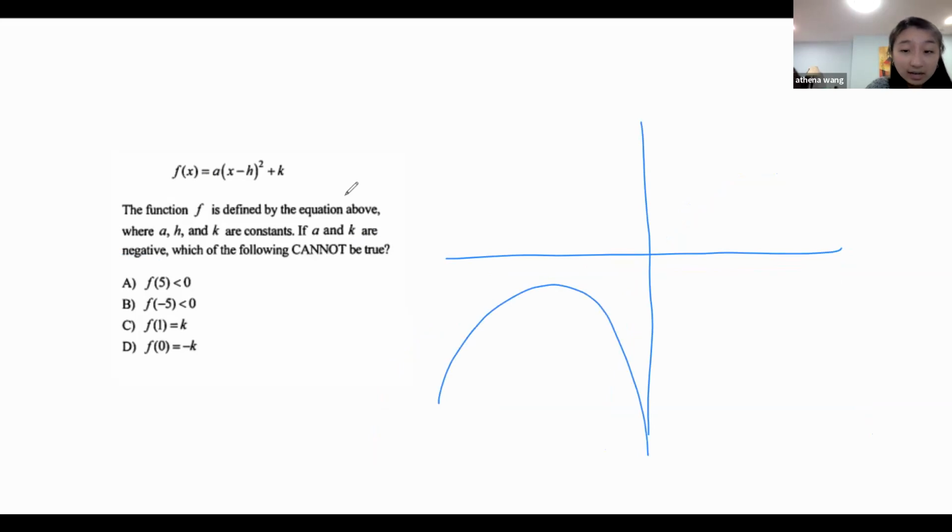Okay, so f of 0 is always going down from h comma k. So it can never touch the x-axis. It can never be positive because negative k, since k is negative, would make negative k positive. So it can never touch the positive side of the graph.